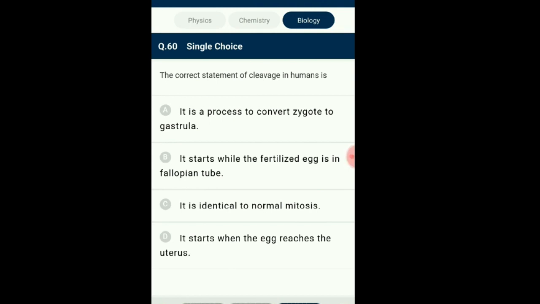The zygote with 8 to 16 cells is called a morula. During cleavage, the number of chromosomes in the daughter cells is the same but the amount of cytoplasm is reduced. Hence, it is not identical to mitosis. So the answer for this question is option B. It starts while the fertilized egg is in the fallopian tube. So that is the correct statement about cleavage in human.